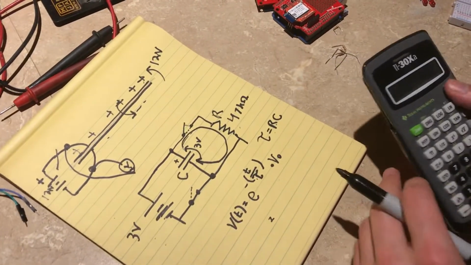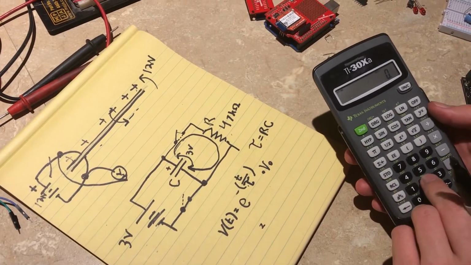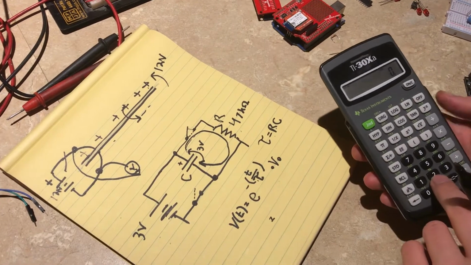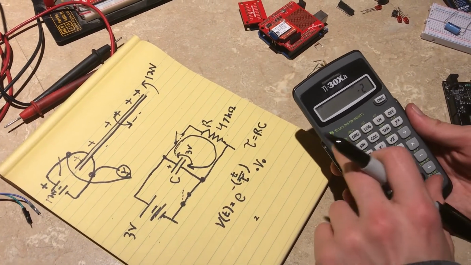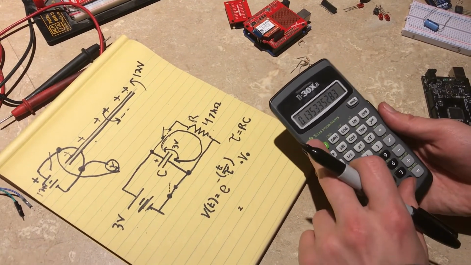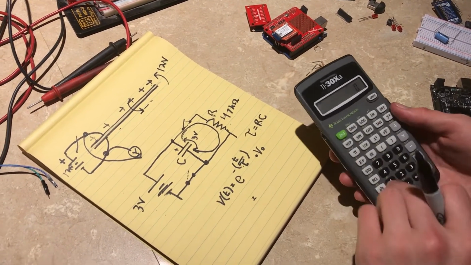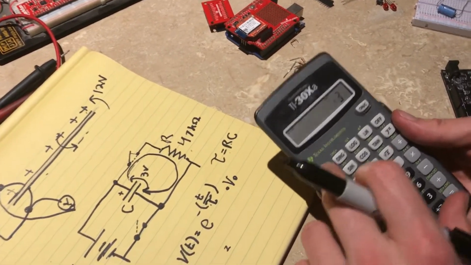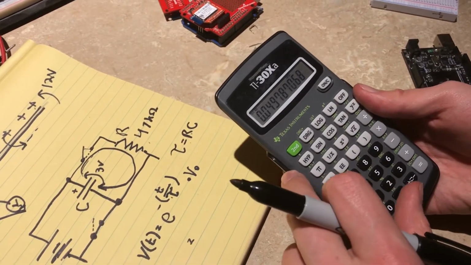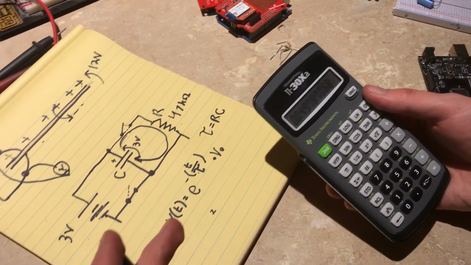Let's say that 4 time constants have passed. Well, we did 1. I guess we'll do 2. So 2 time constants, you'll have about 14% of the original voltage. 3 time constants, 5%.